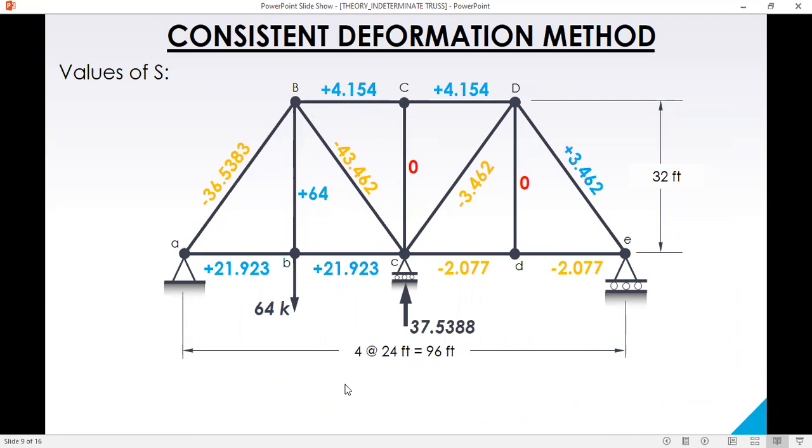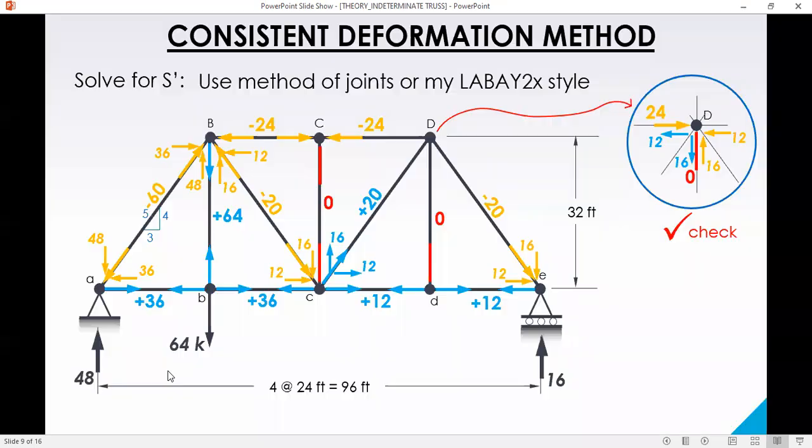Okay. After this, for the reactions, what's the value of RA and RE? Instead of summing up moment about A to solve for RE, and then summing up force vertical to solve for RA, let's use this expression. Values of reaction. R is equal to R prime plus U times the redundant. Now, our R prime is 48. Okay? 48 and 16.